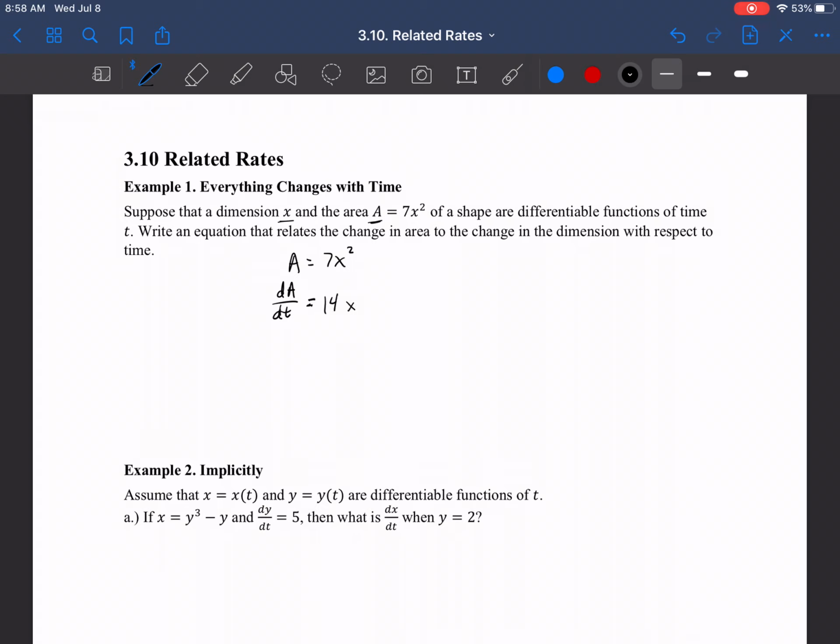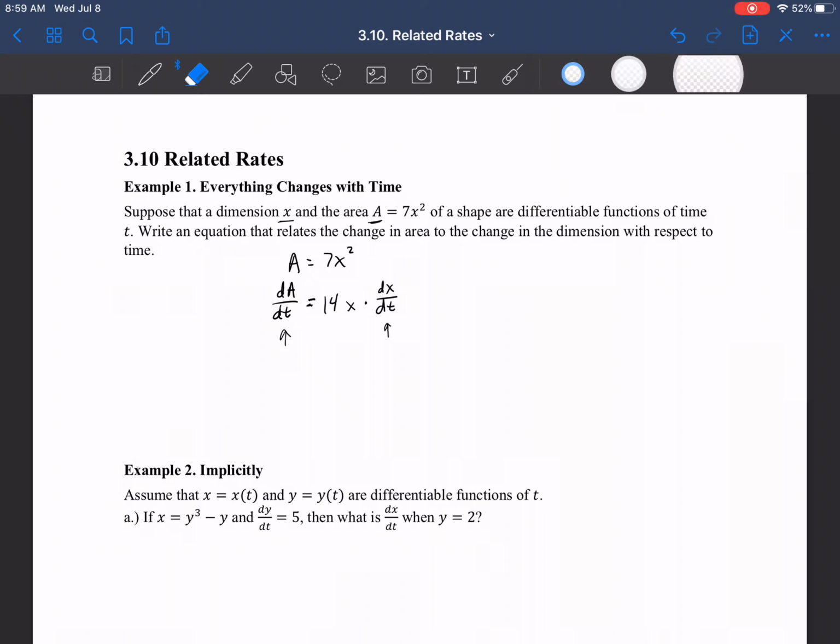We end up with the x, and it becomes to the first power. And then this is times the derivative of that x, which is dx dt. And that's it right there. This is our change in area related to our dimension changing with time, okay?